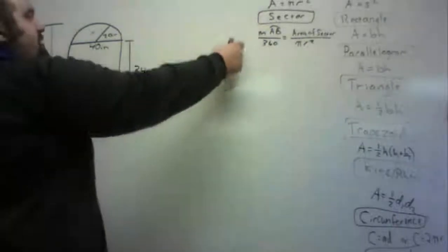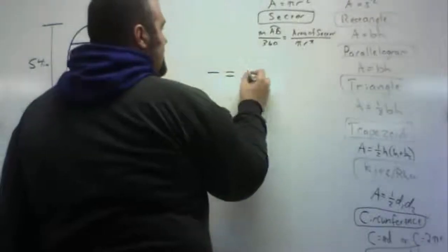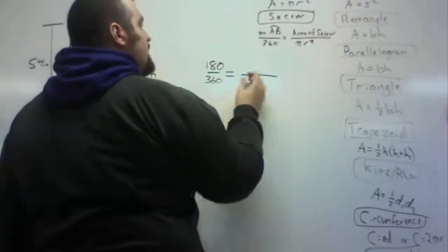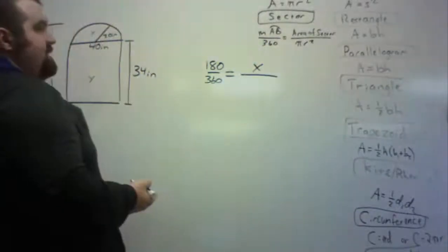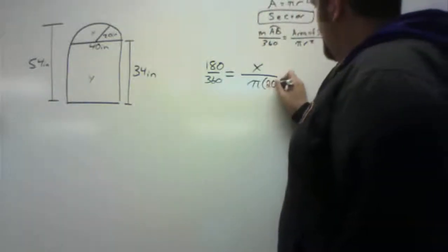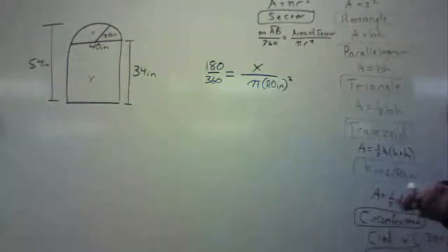Well, that's the measure here. It's a semicircle. The measure of a semicircle is 180 to 360. The area of the sector is what I'm looking for, X. Pi r squared, r is 20 inches. So when I set this up to find the area of X, that's what I get.